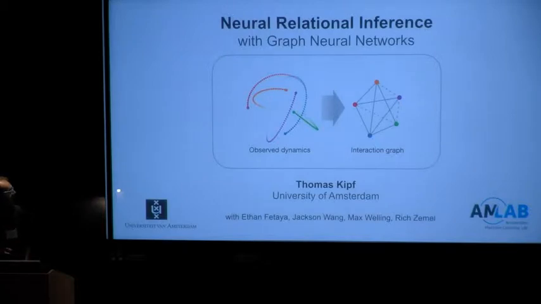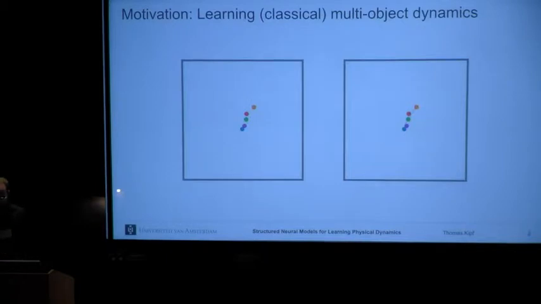And the motivation here is, let's say we're given this mystery physical system here on the left, where you have particles moving around in a box. And the goal is now to build a model that can learn the underlying physical dynamics of the system without seeing in what kind of way they're actually interacting.